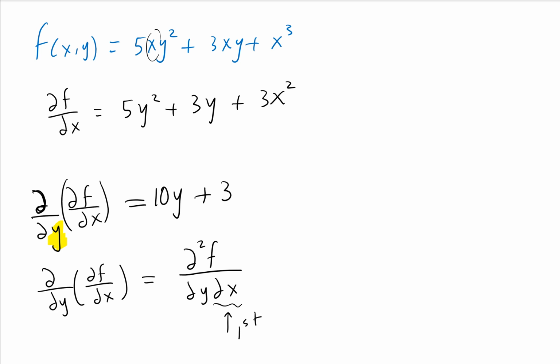We find the derivative with respect to x, then this one. And you can rewrite it as f_xy. If you write it in this format, f_xy, you do this one first, then this second. So it's not the same if you do partial derivative with respect to x, and then y is not the same as y, then x.